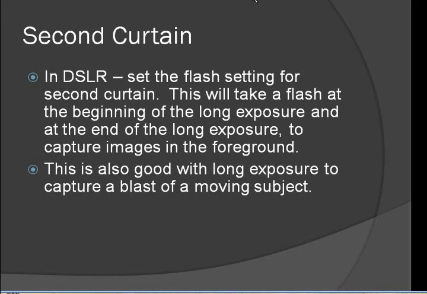But if you want to capture somebody with movement, then you use a long exposure, a long shutter speed, to make them blurred to emulate movement, and at the very end you'll do a flash which captures that instant of them moving to give the clear version of the person.